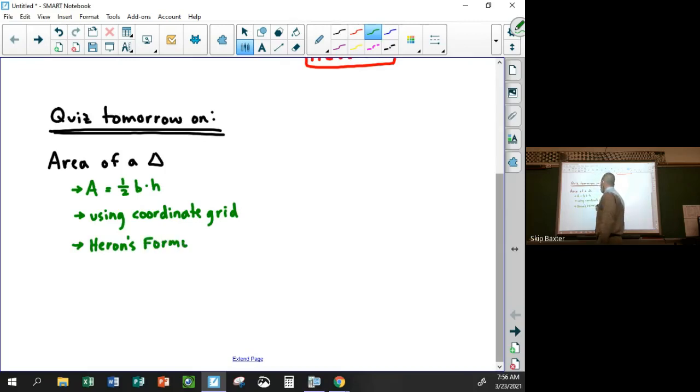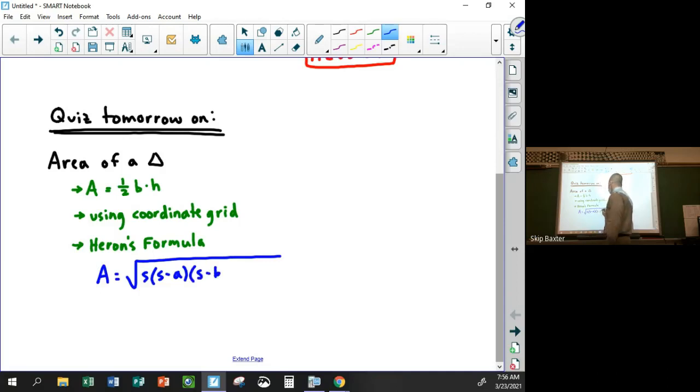Is this the IXL one? Yep. So remember, Heron's formula is area equals square root of S times (S minus A) times (S minus B) times (S minus C), where S is the semi-perimeter: add up the sides and divide by 2. Okay?